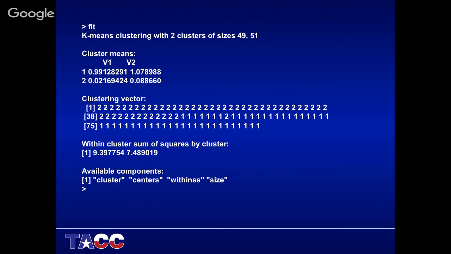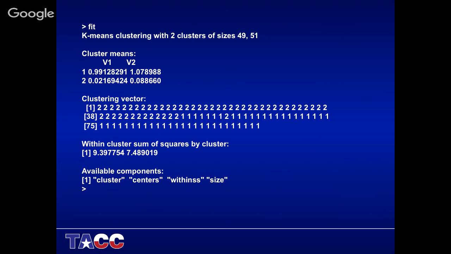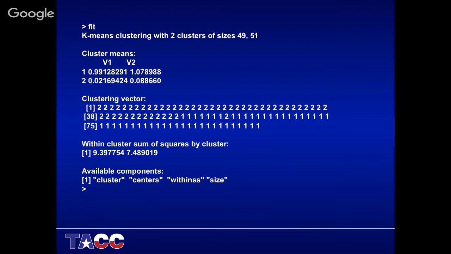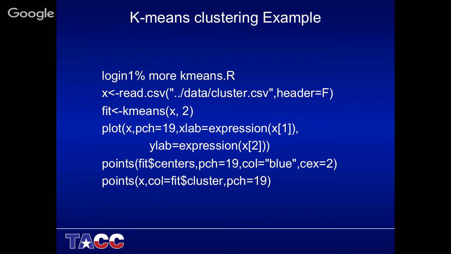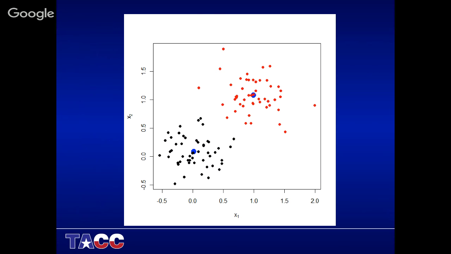Yeah, so the CSV file has a bunch of data points, and the clustering vector is basically telling us which group, 1 or 2, each point belongs to. So that is the output of the k-means function that you're seeing. And that's just an example with 2 groups instead of 3.